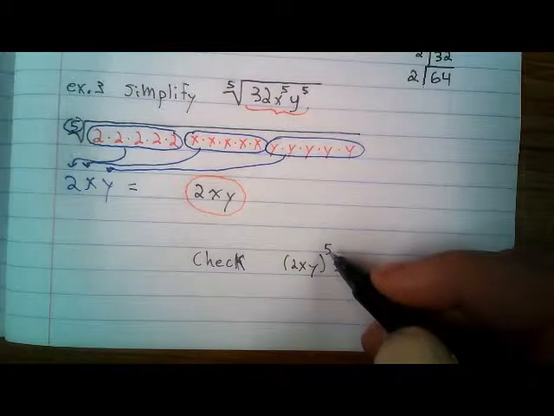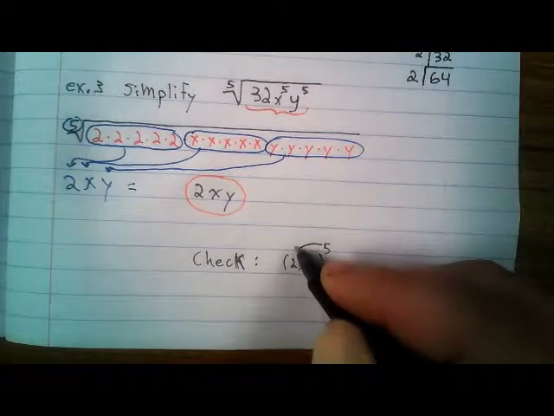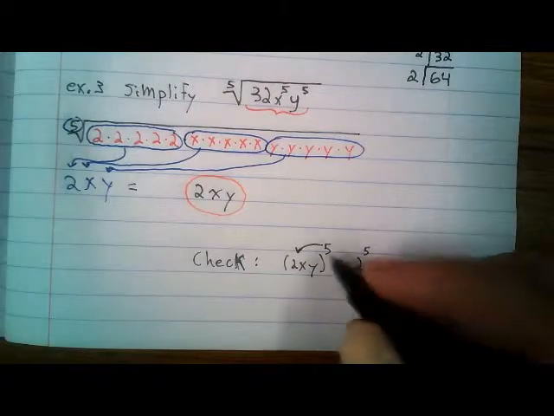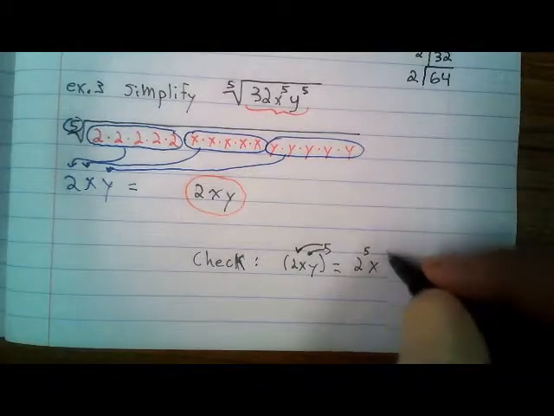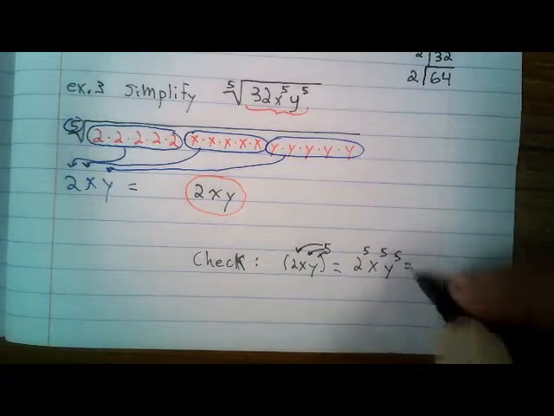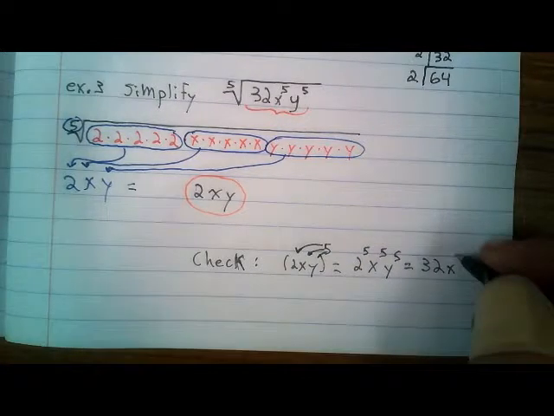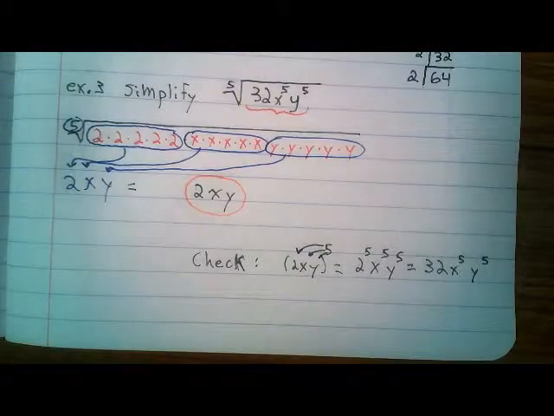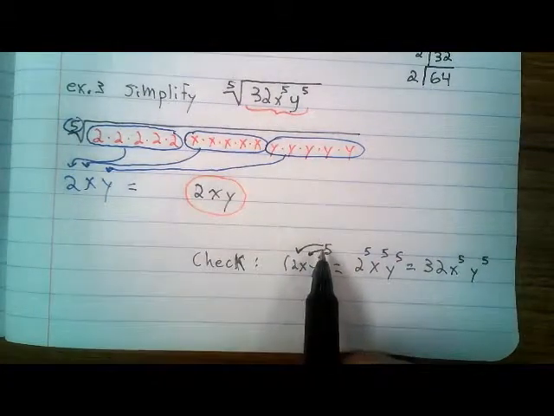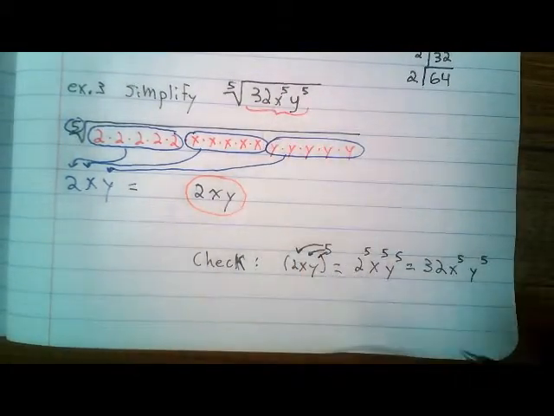So what I would do here is, if you remember back from our exponent rules, I would distribute this 5 in, 2 to the fifth, and then x to the fifth, and y to the fifth. And this is really 32, x to the fifth, y to the fifth, which is what's in here, right? So fifth root and raising something to the fifth power are opposites. So if you ever want to check your answer, you can do it that way.